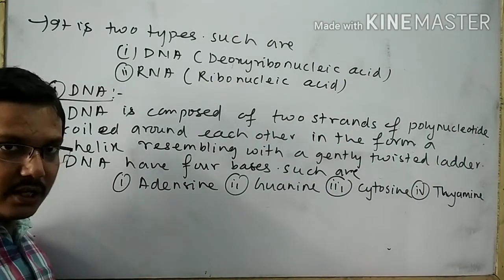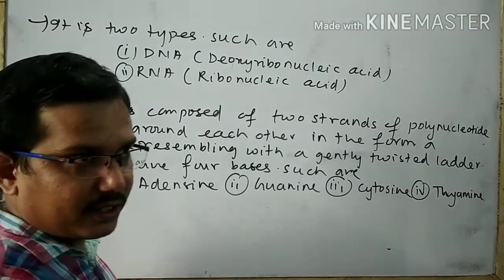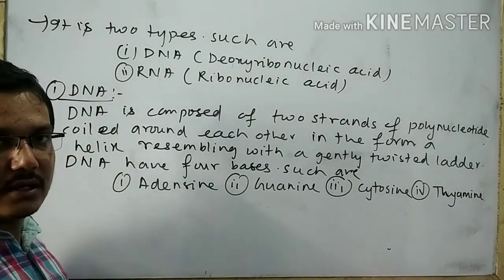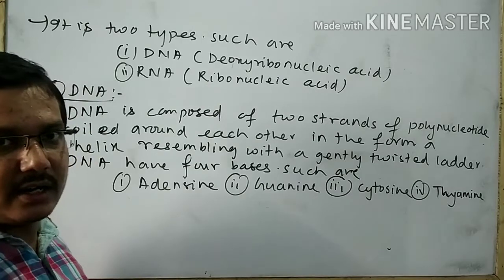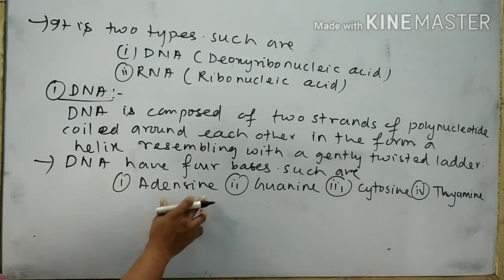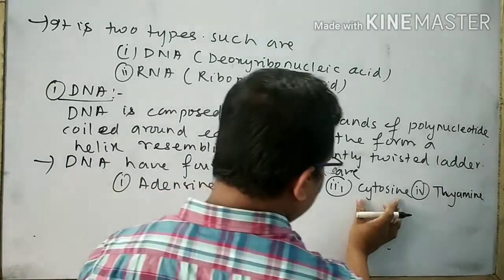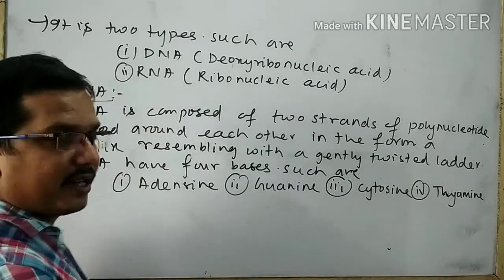Remember an important point: the base on one strand of DNA must be paired with the other base on the other strand of DNA. Here the adenine base must be paired with the thymine and the guanine base with the cytosine.